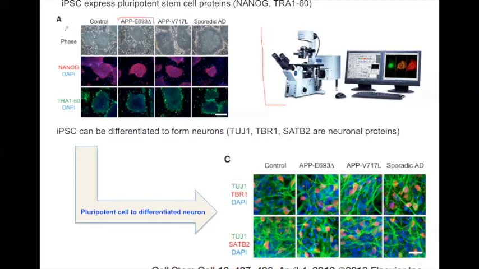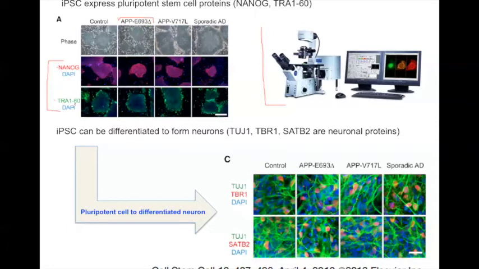So for an individual carrying this mutation, a sample of their skin was taken, fibroblasts were isolated, and using the vectors that we talked about in the previous lecture, the transcription factors MYC, KLF4, SOX2, and OCT4 were introduced into these fibroblasts. Following treatment with morphogens, we see epigenetic reprogramming and the reversion to a stem cell through the expression of these stem cell markers called NANOG and TRA160.